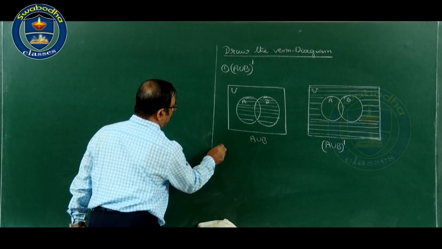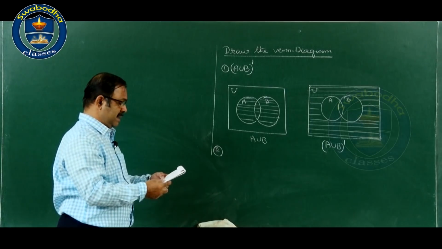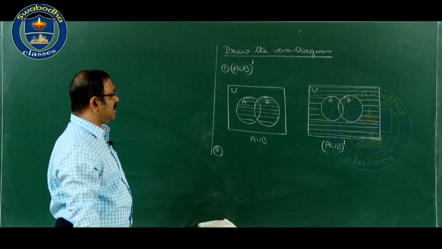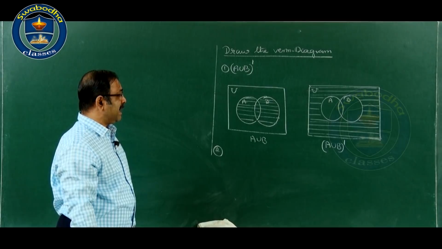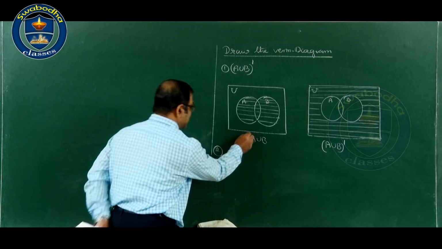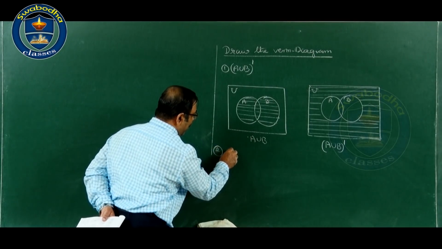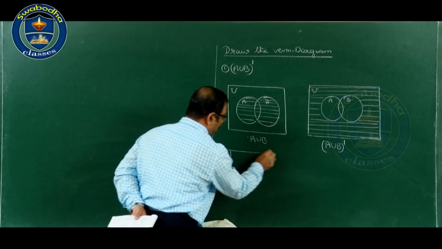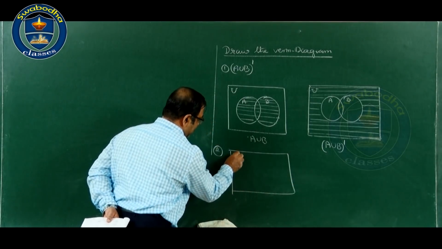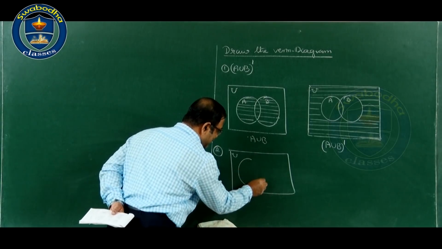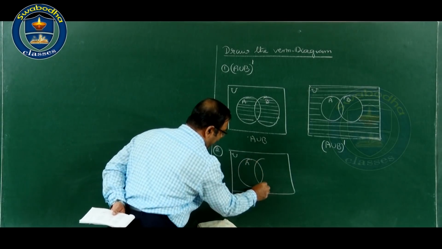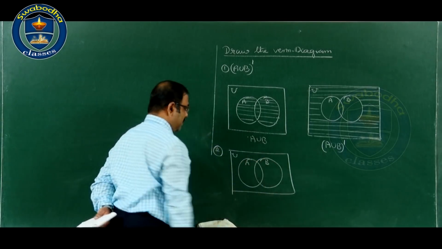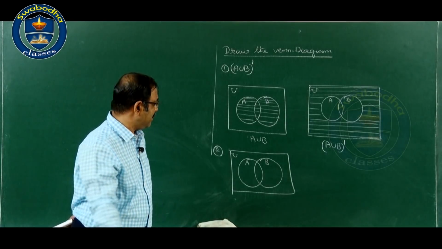Second one, let us write A complement intersection B complement. See, I am writing A complement. What is this A complement? This is U, this is A, and this is B. What is A complement?